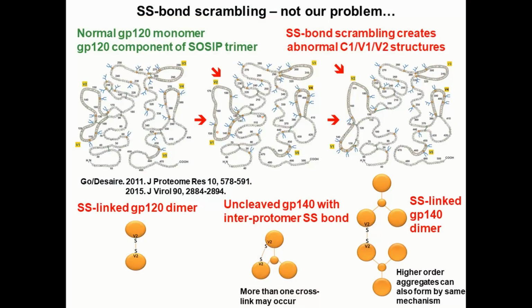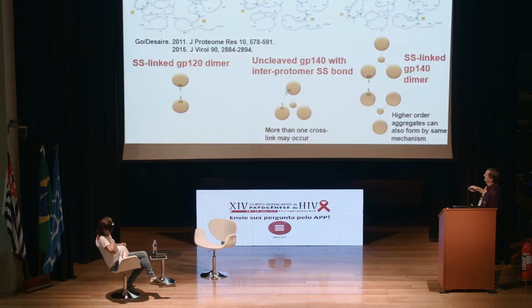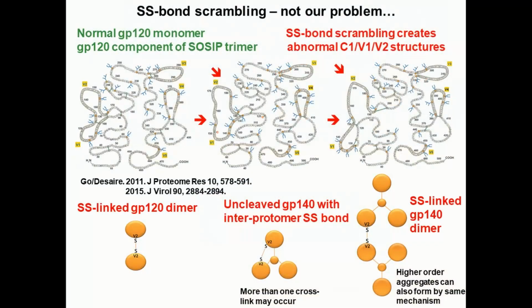We don't have these problems. When you make other types of envelope, when you think you've got a gp120 protein that should have this disulfide bond folding pattern, you get scrambling. A lot of the proteins in a gp120 preparation have scrambled disulfide bonds, particularly in the V1V2 loop. This is work from Heather Desire's lab that was essentially completely ignored by the field for about 4 or 5 years.